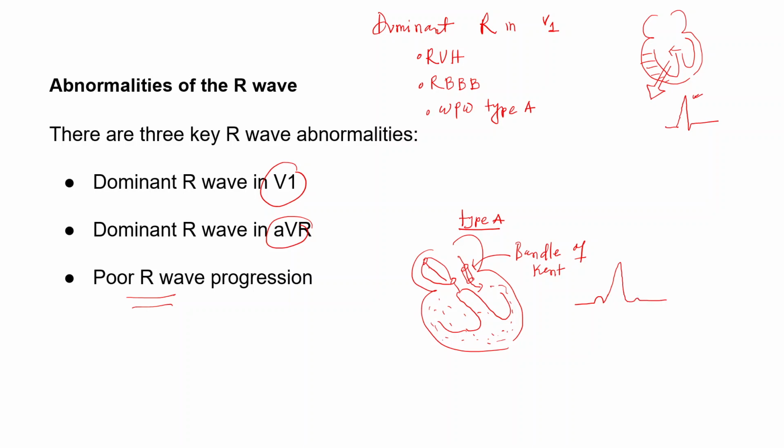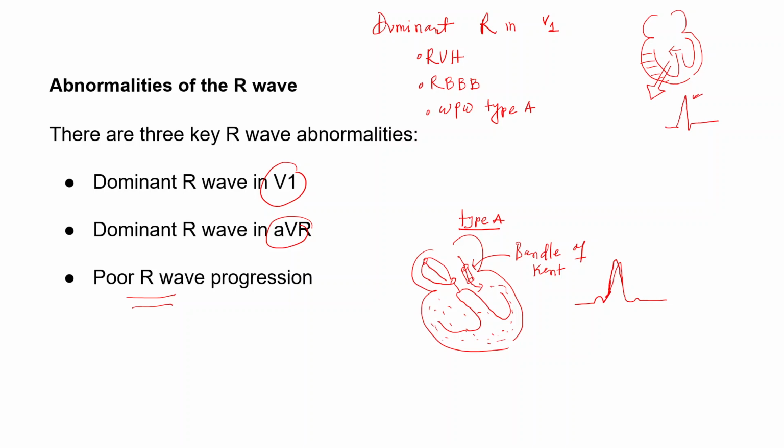One more thing is the delta wave. The delta wave is the initial slurring that you may see here. It is slightly exaggerated, but the initial slurring is seen because there is a sudden transmission of action potential from the atrium to the ventricle.